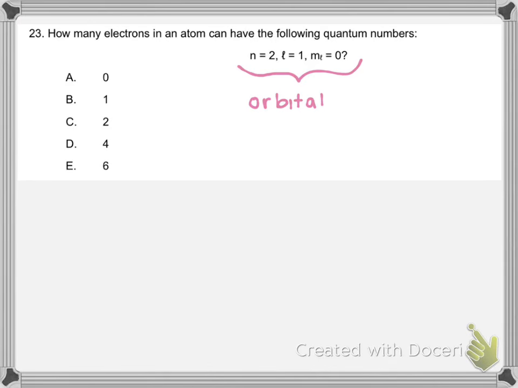And we know that in a given orbital, we can fit 2 electrons. And so the correct answer here is just C. And it doesn't even matter what the values on those are. Just that we know 3 of them means that we are only talking about one specific orbital, or one box or one line in our arrow diagrams.